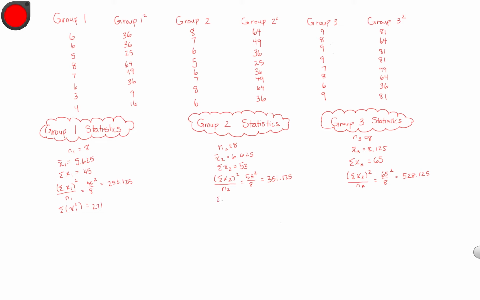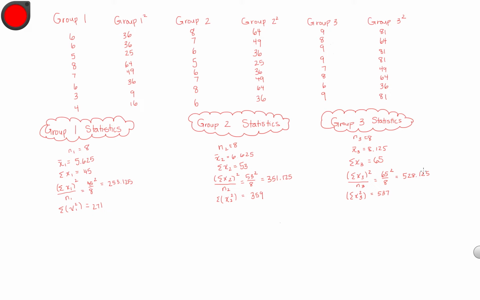Now let's add up all the squared values for group 2. So sigma x squared for group 2 equals 359. This is just adding 64 and 49 and 36 and so on. And last but not least, sigma x squared for group 3. 537.